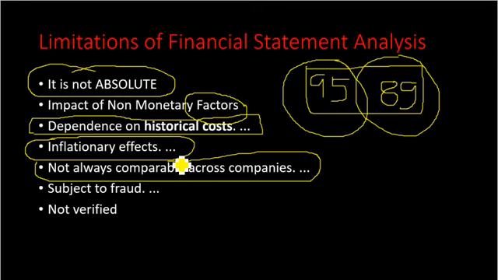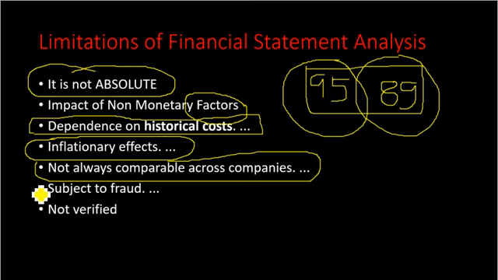For example, you can use common size financial statements to compare Wendy's and McDonald's. They have different sizes, but they belong to the same industry. But it's hard to compare, let's say, the performance of BPI, Bank of the Philippine Islands, with that of San Miguel Beer. Why? Because they belong to a different industry.